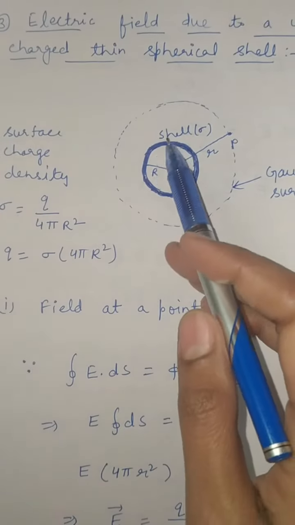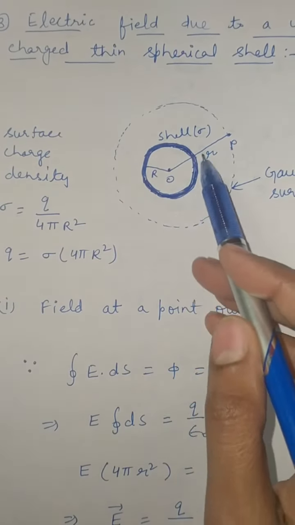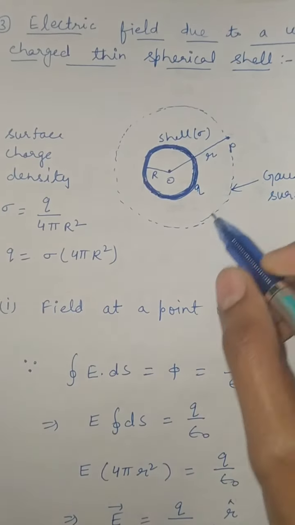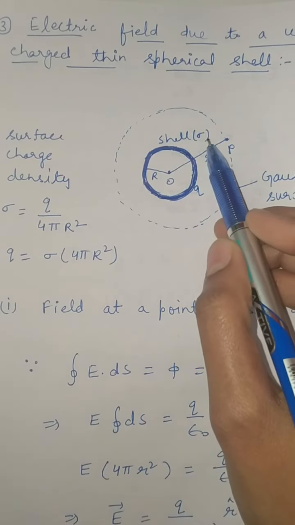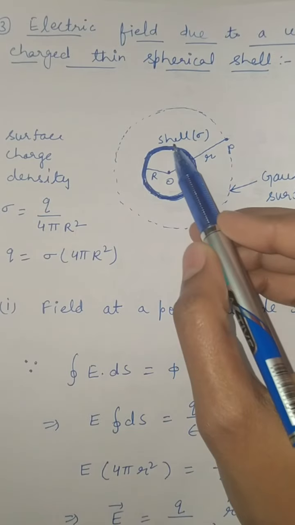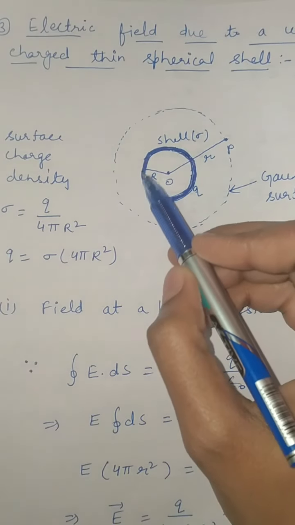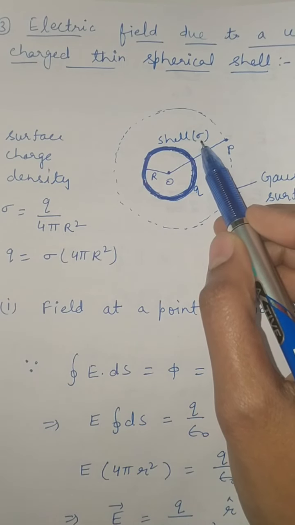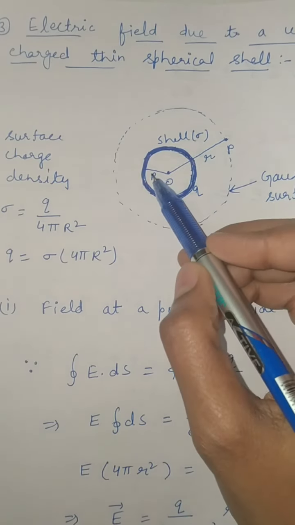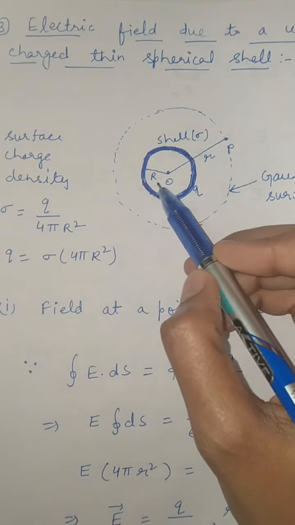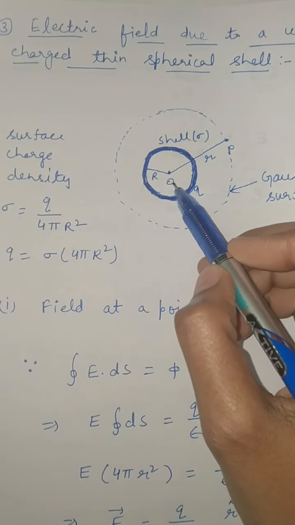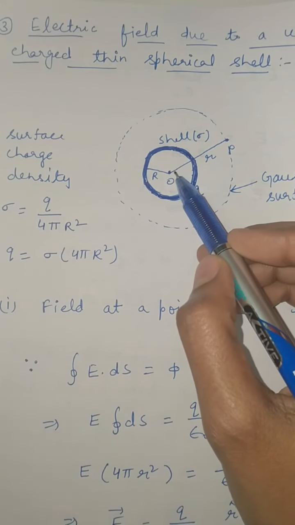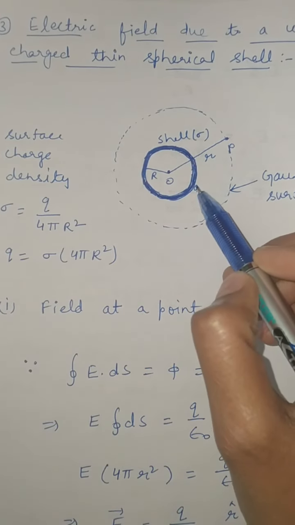See, this is the spherical shell and it is charged by a charge Q, and this charge is uniformly distributed over this shell and it is having the surface charge density sigma. The radius of this shell is capital R and O is its center. Due to this spherical shell, we want to calculate the electric field.